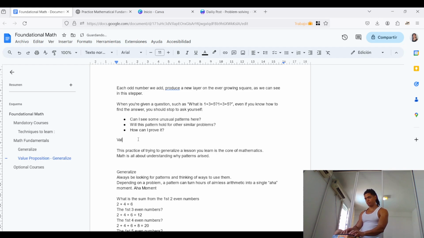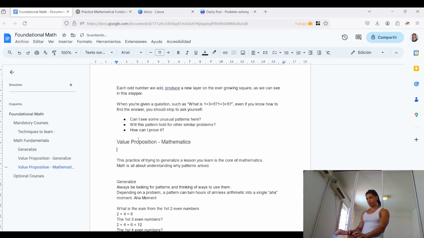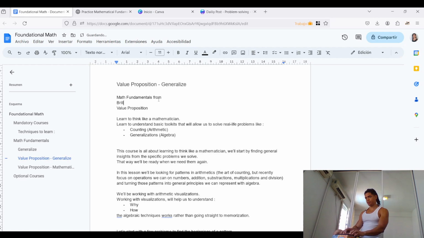So the value proposition of mathematics, in this case, is math fundamentals from brilliant.org.